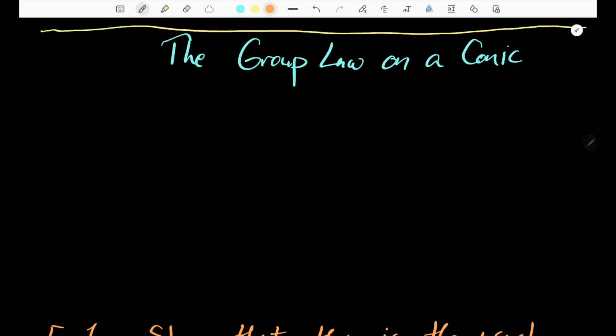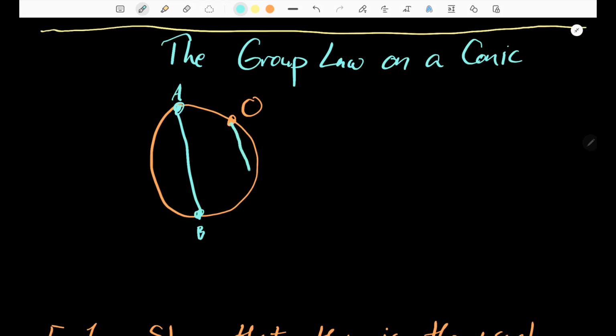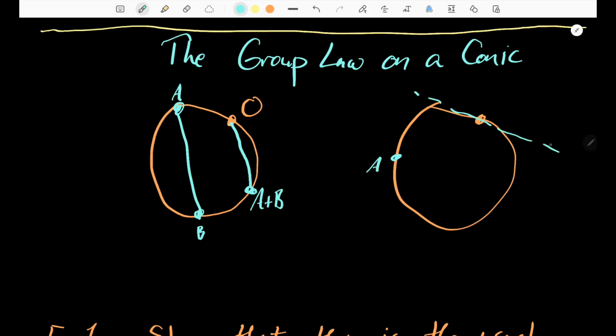Namely, if you have any conic section and you have a distinguished base point, which we're now going to call 0 because it's going to be the identity of an abelian group, then it turns this conic into an abelian group by, well, if I have 2 other points, here's A, here's B, I draw the line through them, I draw the parallel line through the identity, and wherever it crosses is A plus B. And similarly, if I want to do inverses, if I've got A, I imagine the tangent line at the identity, I draw a parallel line, wherever that crosses is minus A.